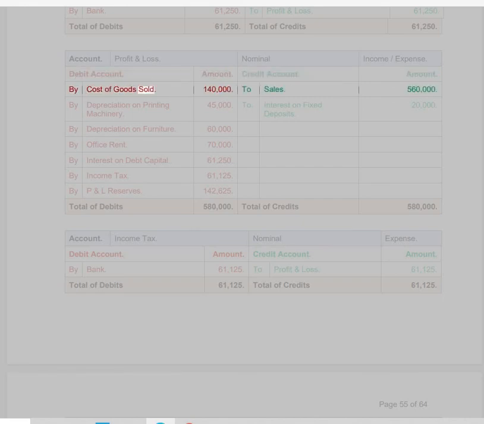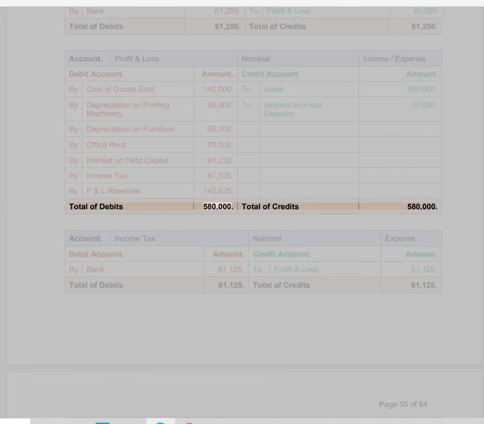By cost of goods sold, 140,000, to sales, 560,000, by depreciation on printing machinery, 45,000, to interest on fixed deposits, 20,000, by depreciation on furniture, 60,000, by office rent, 70,000, by interest on debt capital, 61,250, by income tax, 61,125, by P&L reserves, 142,625.